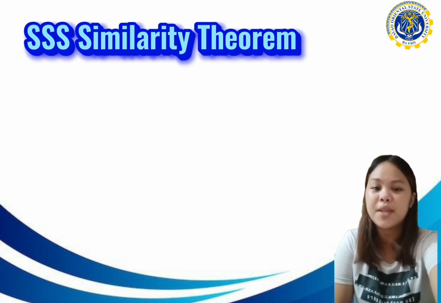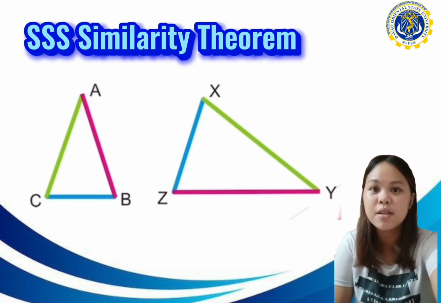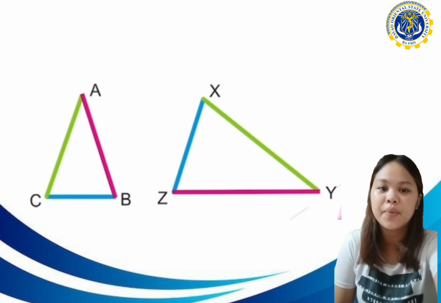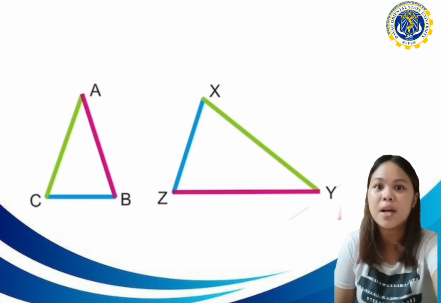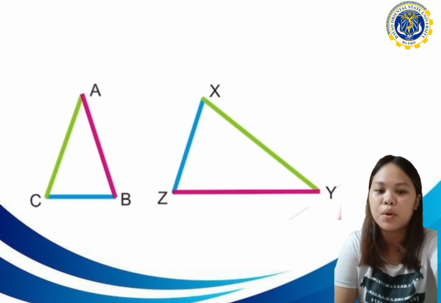By that, if all of the corresponding angles and sides of two triangles match up, they are said to be similar. To determine whether two triangles are similar, it is not necessary to examine all angles and sides. All you need to know to conclude that the triangles are similar is that all of their sides are proportional.